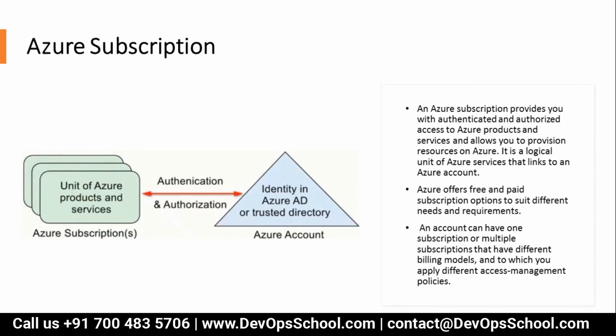Now let me explain authorization. Suppose you are using a free account. Avilas, try to understand. From the drop down of region, you can see that there are so many regions, but they are grayed out. You are not able to select them, right, for creating a virtual machine or any instance, not only a virtual machine.